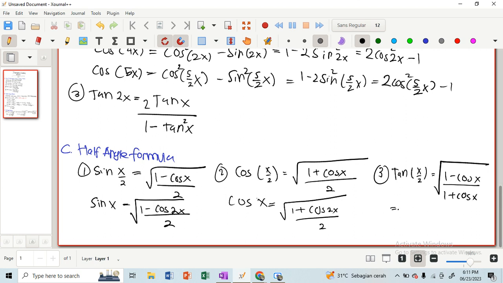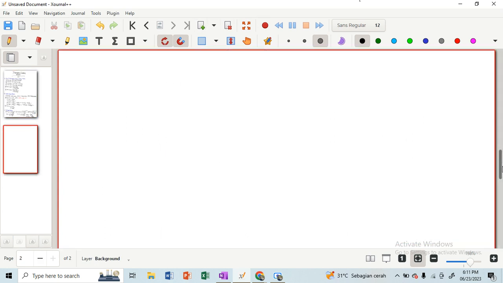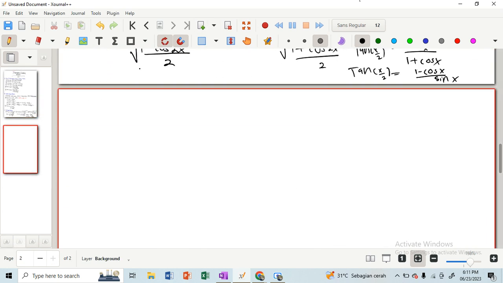But you could write this as sine of x divided by 1 plus cosine x. Also, you could write this as 1 minus cosine of x divided by sine x. This is for the half angle of the tangent. Okay, that's for the half angle formula.